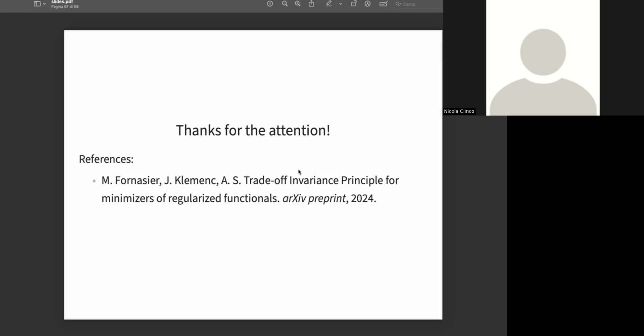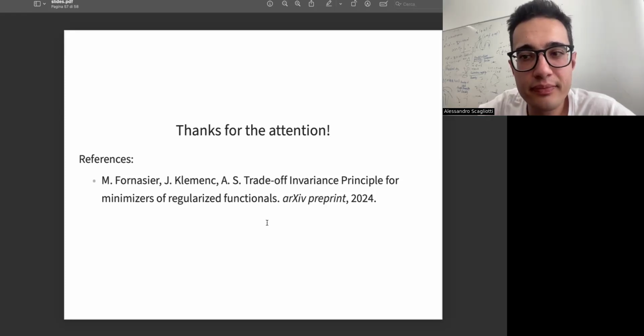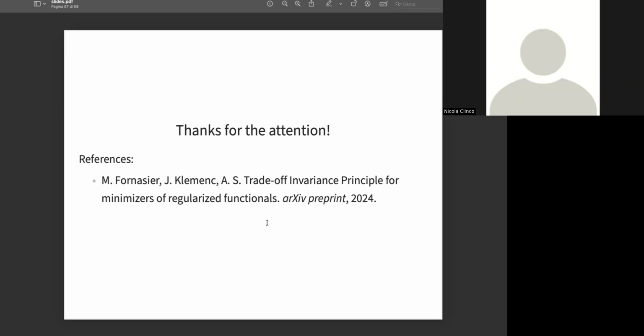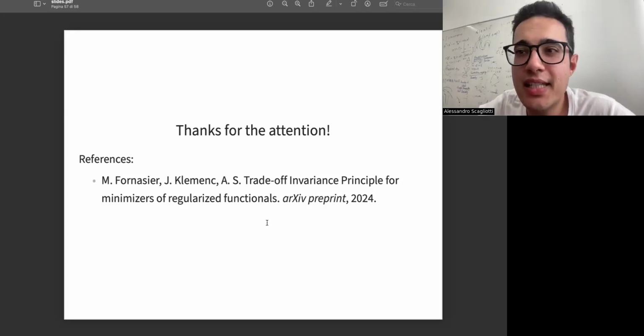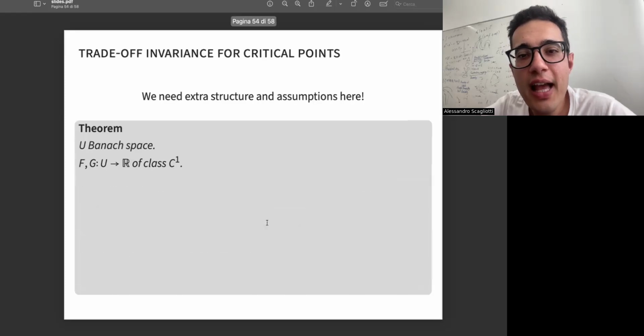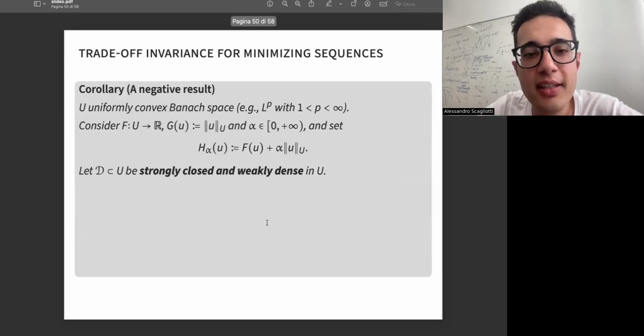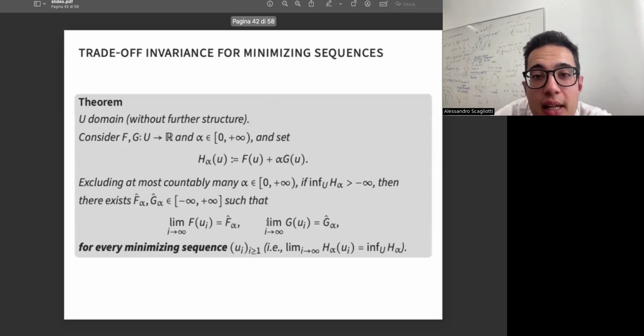So Alessandro, when you were speaking about the bad values of alpha to exclude, can you say something, maybe the set can also be dense? Yes, yes. Unfortunately, it's a very good point.